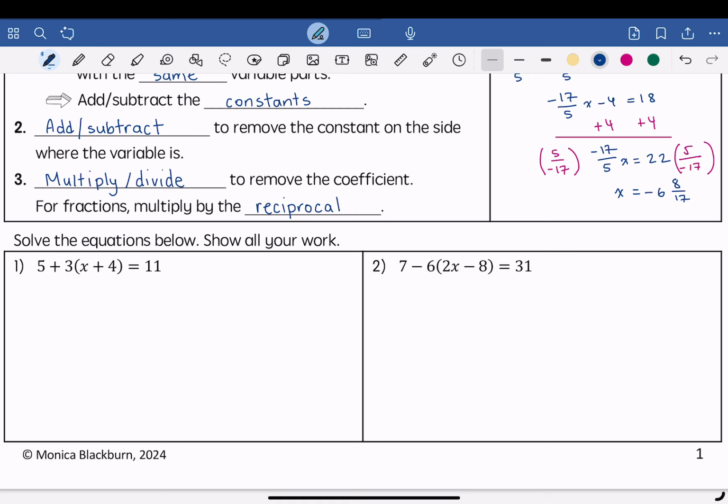Solve the equations below, show all your work. So if we look at this equation, we have parentheses, so we're going to use the distributive property to remove them. So 5 plus 3 times x is 3x, plus 3 times 4 is 12, which is equal to 11. And here I have 3 terms, and the 2 like terms here are constants.